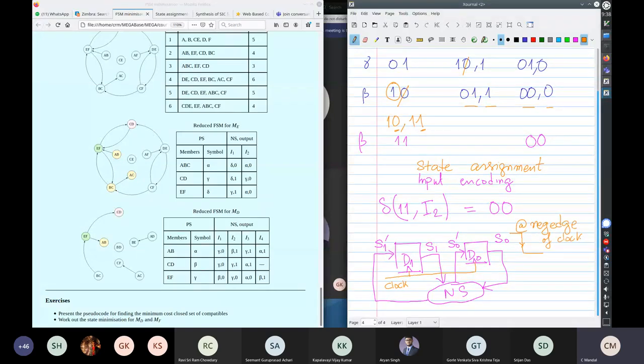I'm just making an assumption. It could very well be at the positive edge. It's just an assumption.